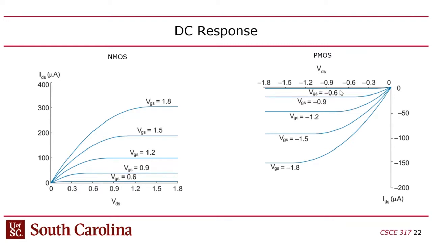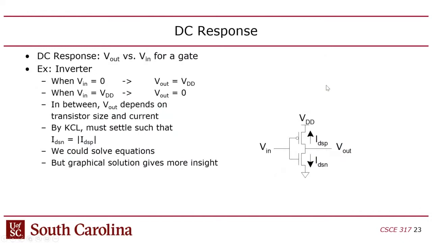But because the source and drain are flipped, obviously the current is also negative, right? Just because you're switching the two terminals. And again, if you look at the actual transistor, the source and drain are symmetric. But the convention is that the current flows the opposite direction. So you've got this negative current and the negative gate voltage here for the PMOS. Okay. All right.